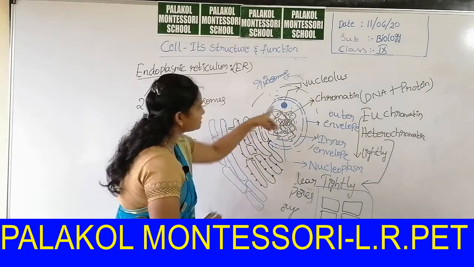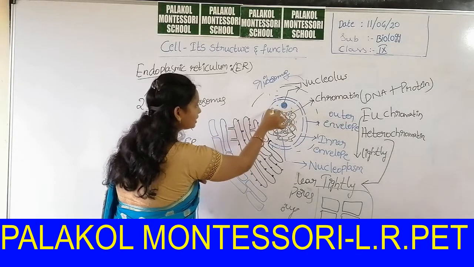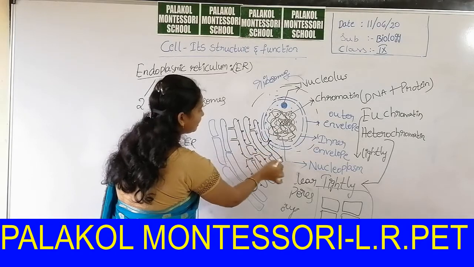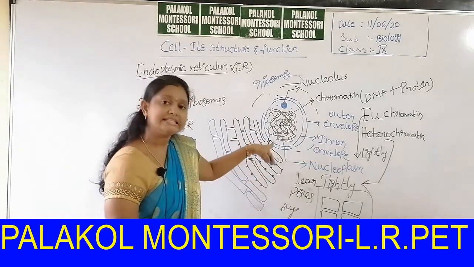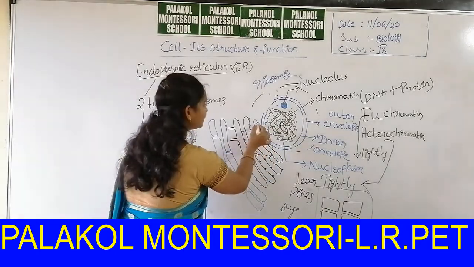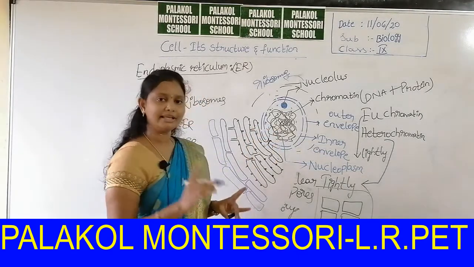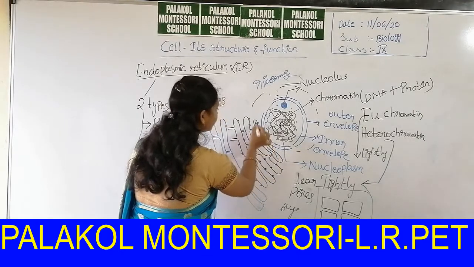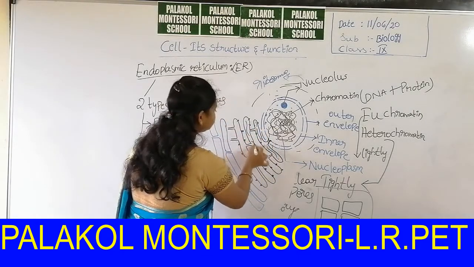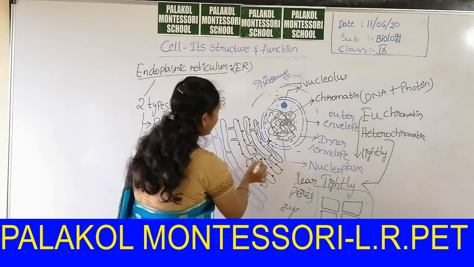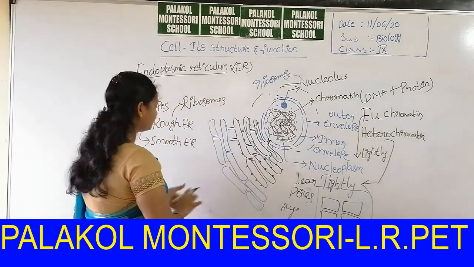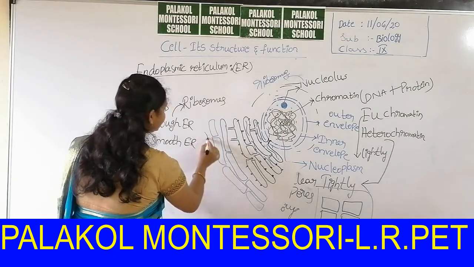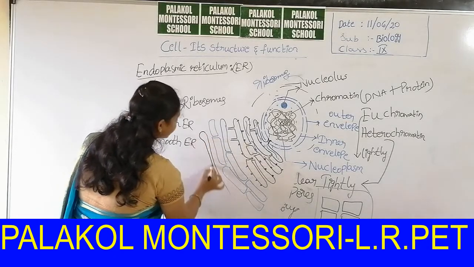These ribosomes are synthesized in the nucleus and transported into the channels of the rough endoplasmic reticulum. Inside the rough endoplasmic reticulum, these ribosomes are involved in the synthesis of proteins. After that, these proteins are transported to another structure, the Golgi complex.